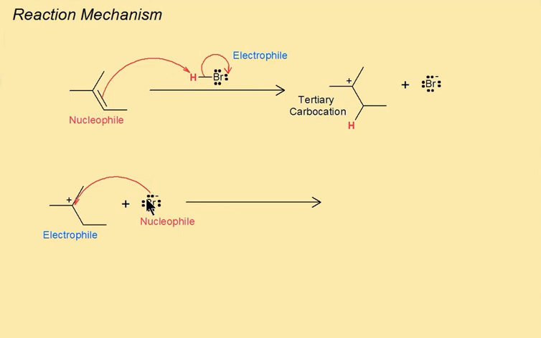Remember, our arrows show us where the electrons come from and where the electrons go to as chemical bonds form or break. And we form our final product, the 1,2 electrophilic addition product, with the hydrogen adding to the more hydrogen-rich side, and the bromine adding to the more substituted side.